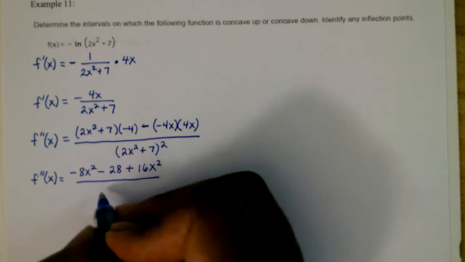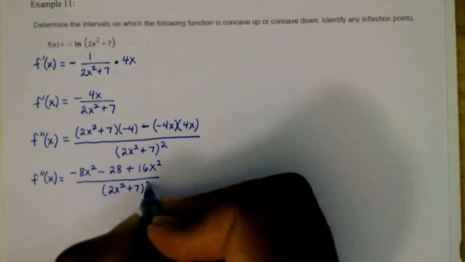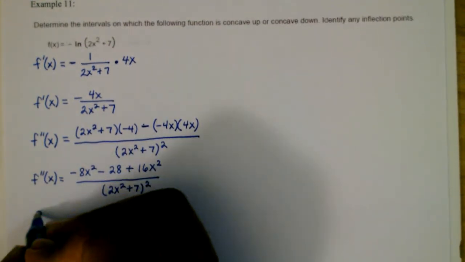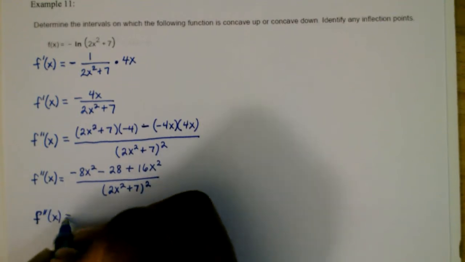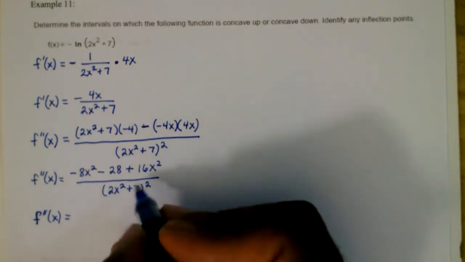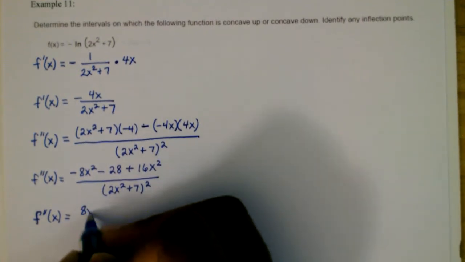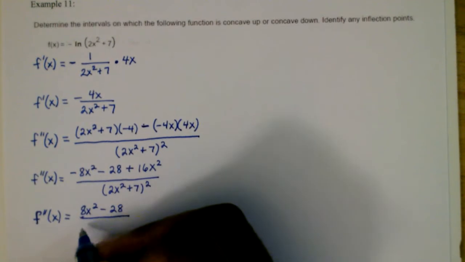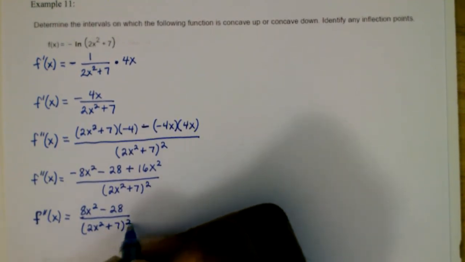All divided by the quantity 2x squared plus 7, and that's going to be squared. Now, if I combine like terms in that numerator, f double prime of x will be 16x squared minus 8x squared, which is 8x squared minus 28, divided by the 2x squared plus 7 quantity squared.